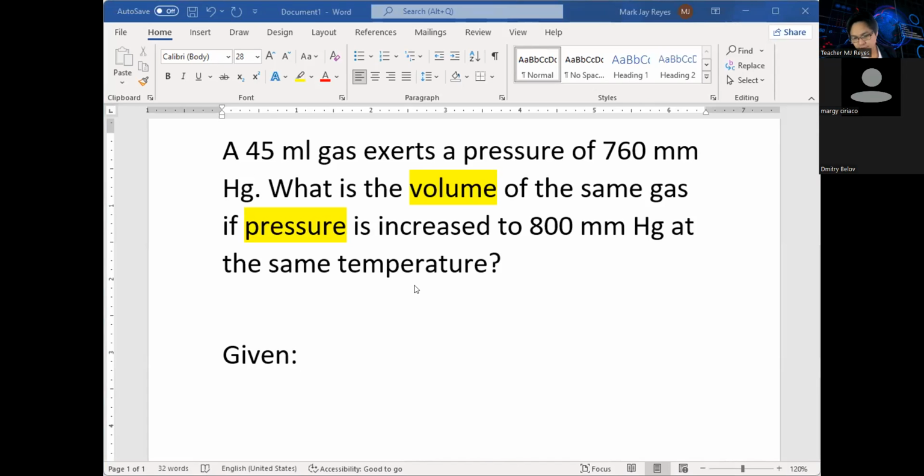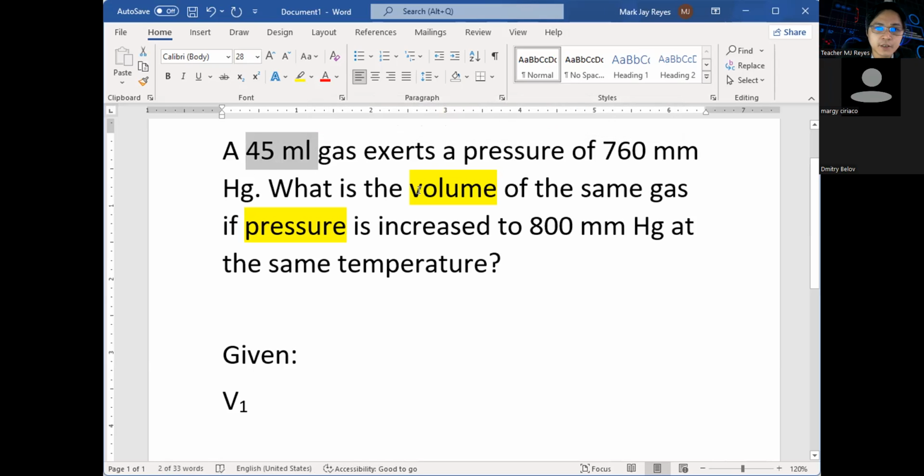So since Boyle's law is talking about pressure and volume, we need to extract the given. So the given there is V1. Why V1? V1 because we started with this volume, correct?